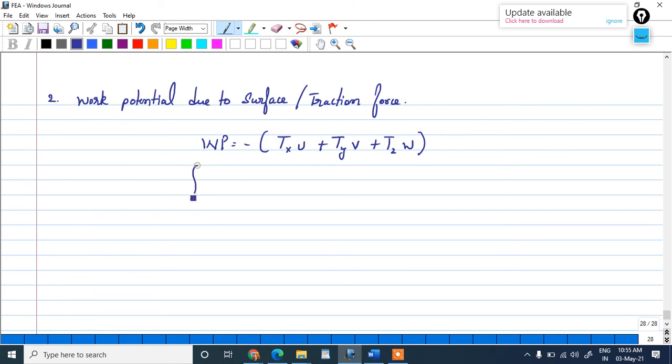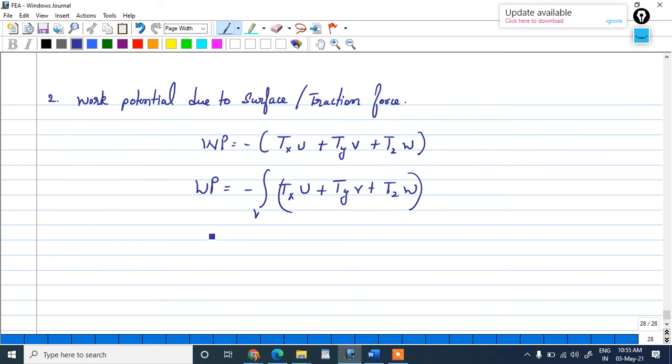When I consider the entire body, the work potential is the integral of Tx u plus Ty v plus Tz w.